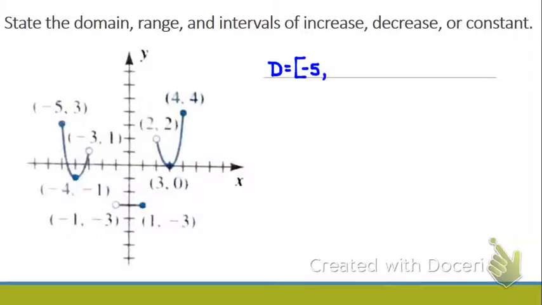So I start here. I trace all along. Am I having to pick up my pencil at all? So all these x values in between are valid. All the way until I get to here. Where am I now? -3.